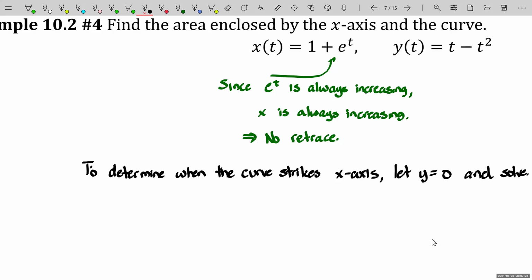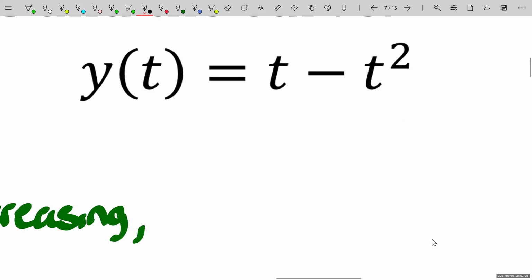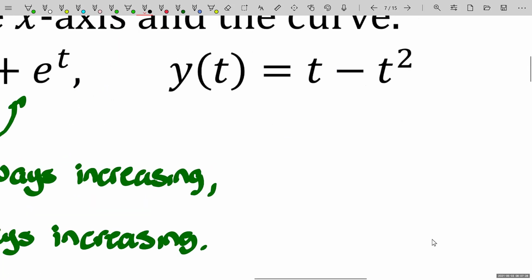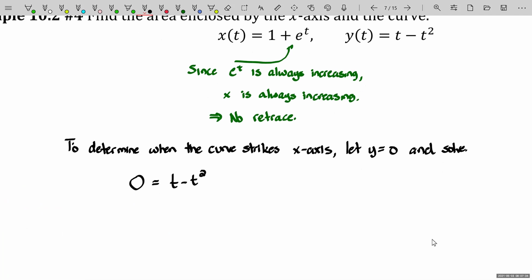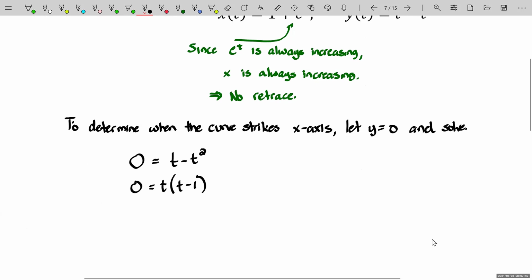Not too bad, because this equation, letting y equal 0, is pretty easy, right? So if you let y equal 0, you get t minus t squared. You can factor out the t, and you get that y is equal to 0 at time 0 and time 1.